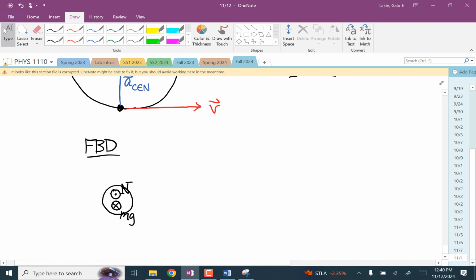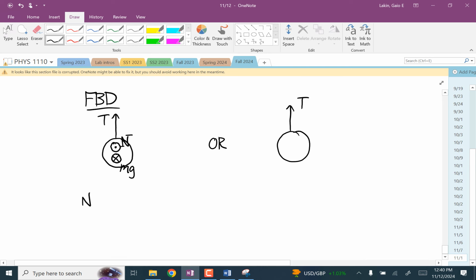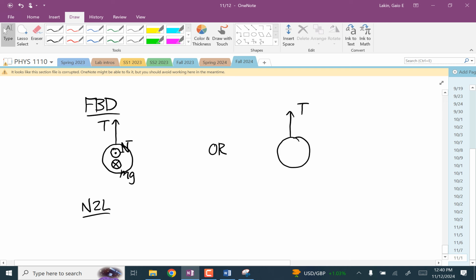The only other thing you have is the cable force that's going that direction. So you could draw it like this, or you could draw it like this, where you just ignore that stuff that doesn't show up in our coordinate system. But either way, when you go to Newton's second law, the only force in our coordinate system is the T in the positive y direction.